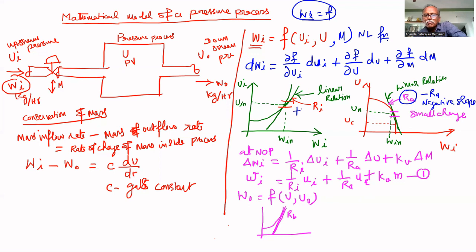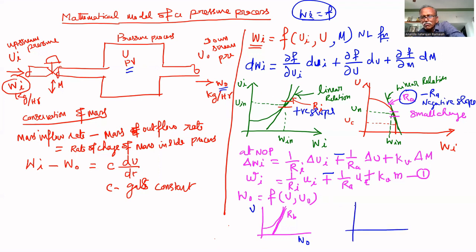Here it is a positive slope, therefore this must be minus. Now this is a positive slope, that's why plus Rb. This is for the outflow rate and the upstream pressure. That is u, the upstream pressure for the outflow rate.